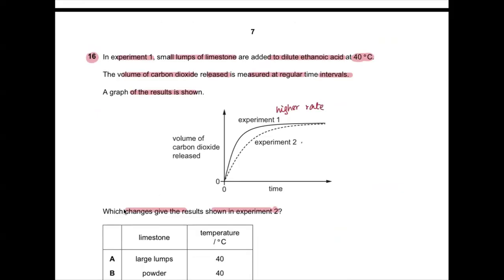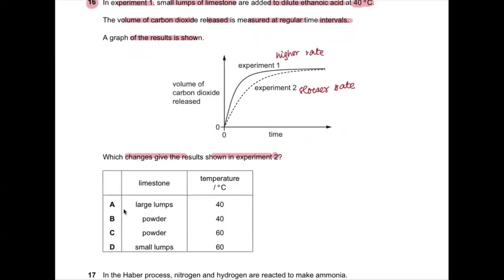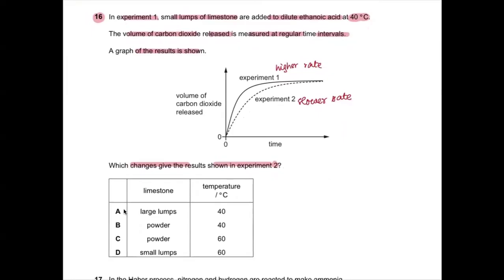So it's a faster rate, and experiment 2 has a slower rate. The amount of product formed is the same. So we have to figure out which one is going to give a lower rate.